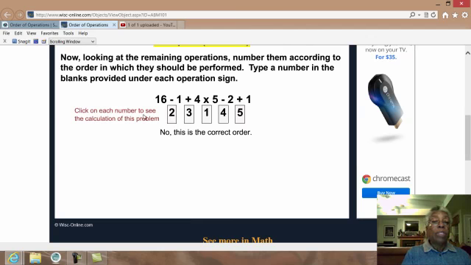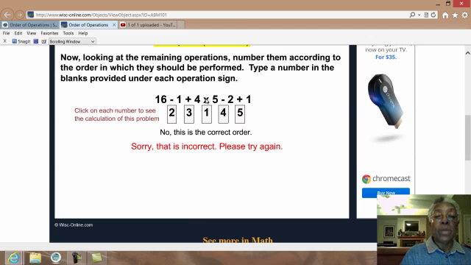Click on each number to see the calculation of the problem. Okay? That is not correct. Please try again. So let's come here.